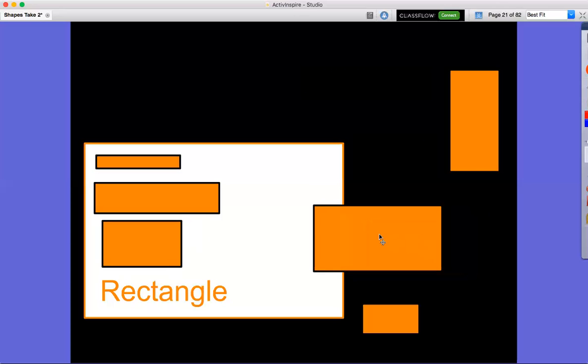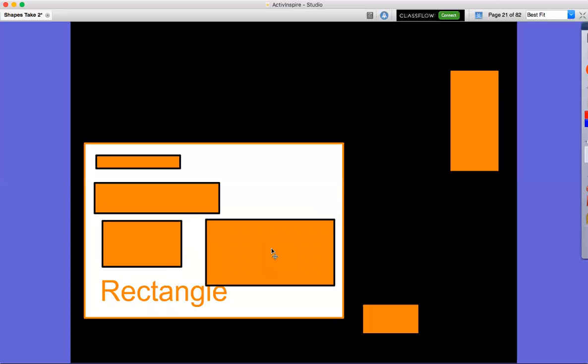Let's look at our big rectangle. This rectangle has four sides, two short sides running parallel to each other, two long sides running parallel right alongside of each other to make four straight and tall corners or right angles.